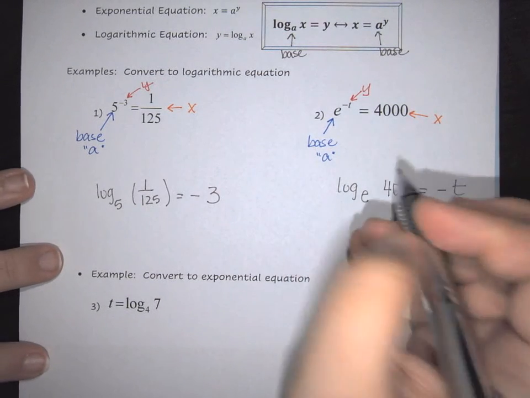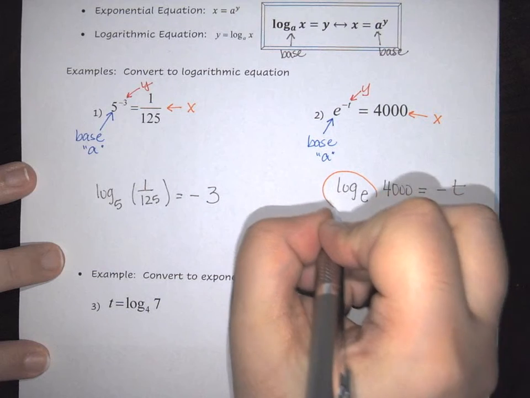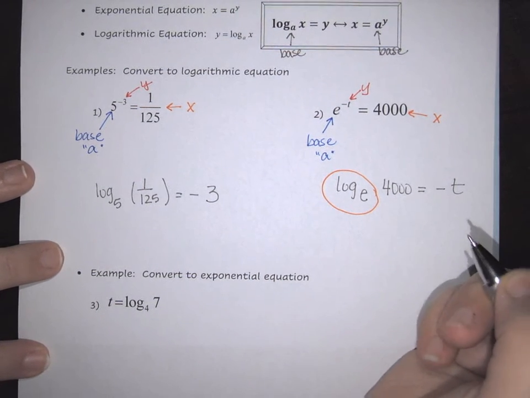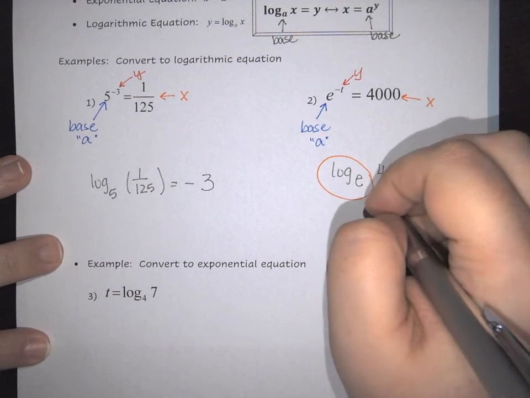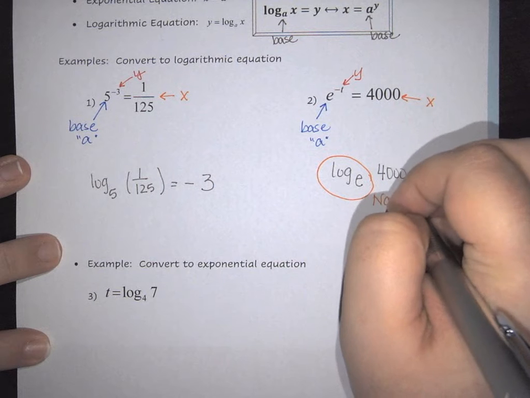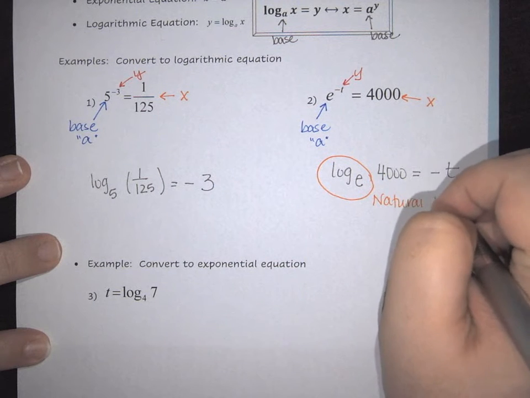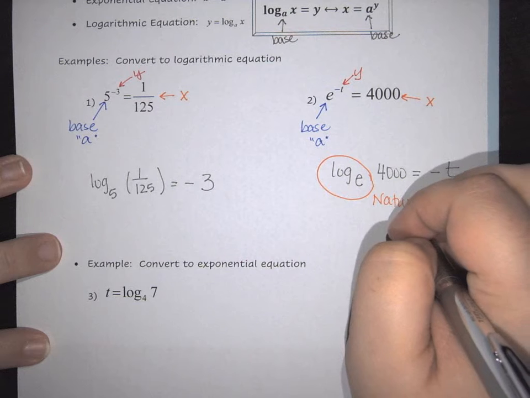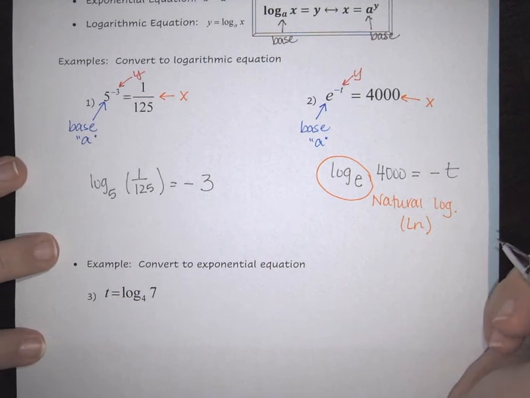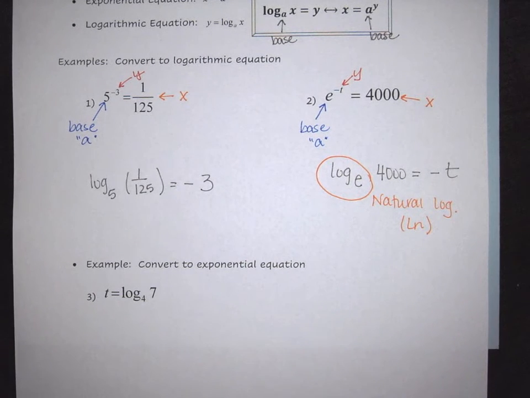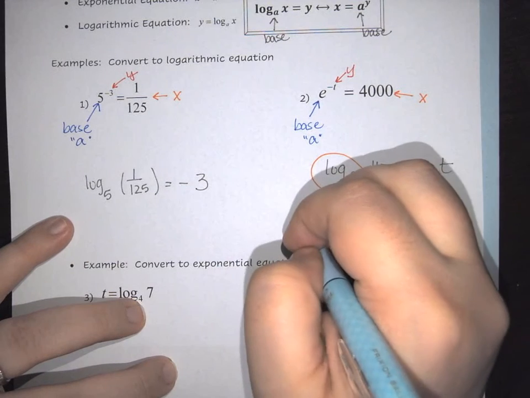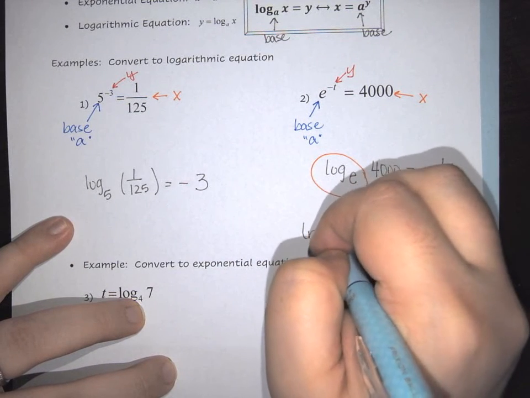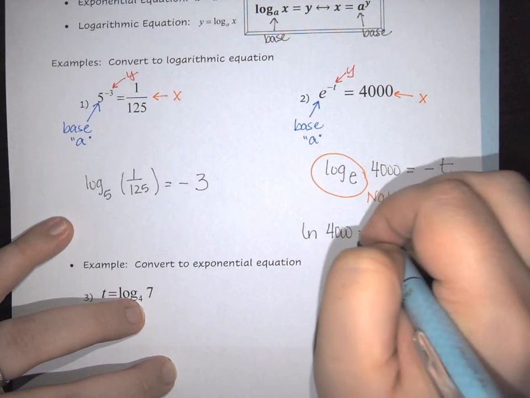Now, log base e here has a very special term, and that term is called natural log. Natural log is represented by ln. Okay? So the other way that you can look at this is that you have the ln of 4,000 equals -t.